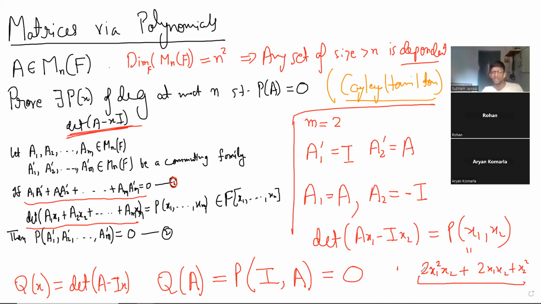You take this and then you are putting I and A, right? When you put I, because I is an identity, and then you put A here, it will be 2IA plus 2A squared, and then you just ignore the I. Ignoring the I is just putting x1 equal to 1.